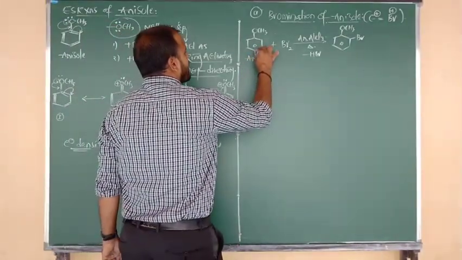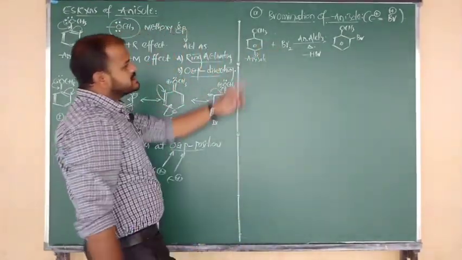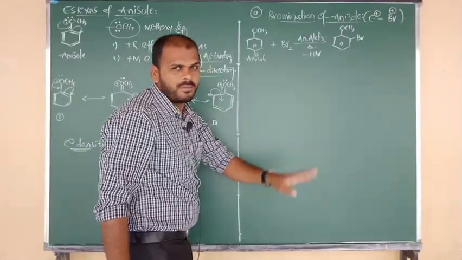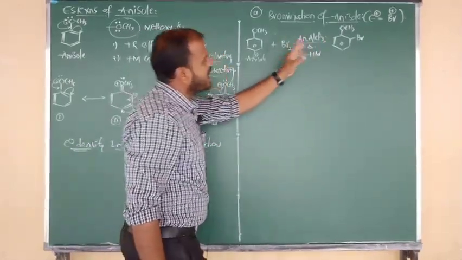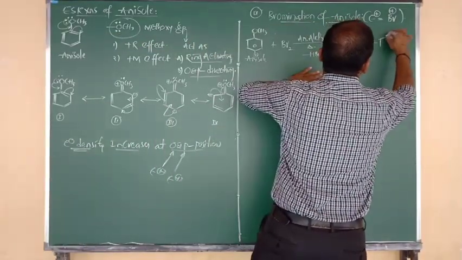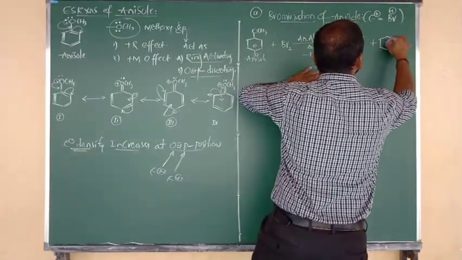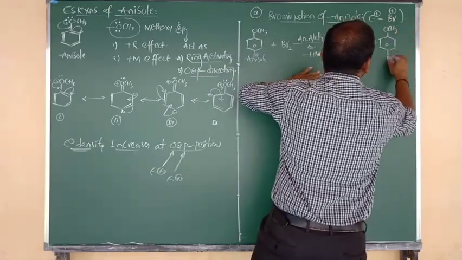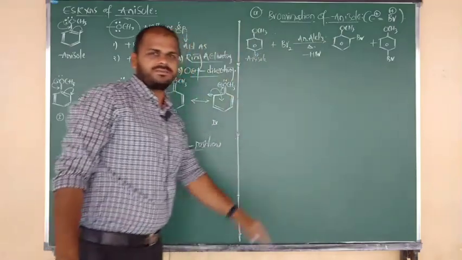So from the para place we are going to remove the hydrogen. The hydrogen combines with Br minus and is eliminated in the form of HBr. One more Br plus attacks the para position. So same thing here, I am going to consider benzene, with the group OCH3 above the plane, and para attack by Br plus takes place.